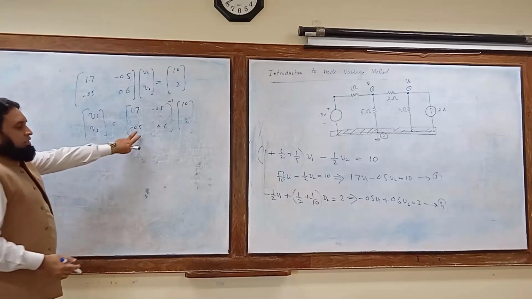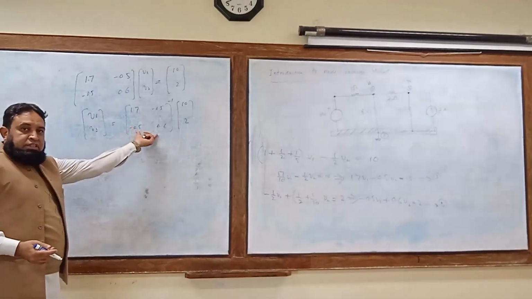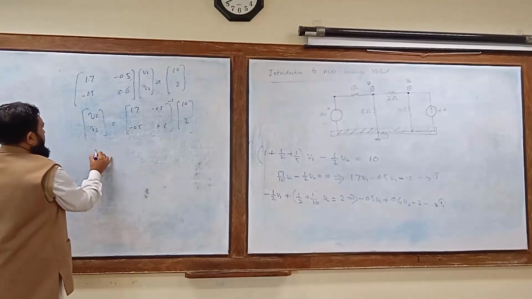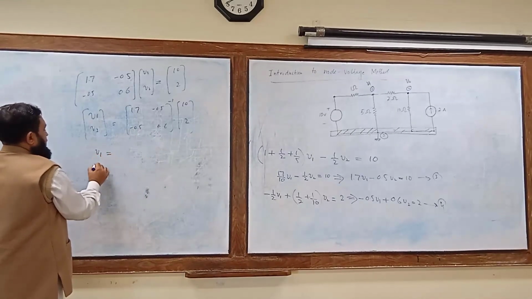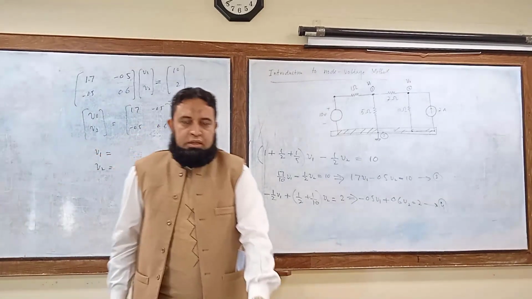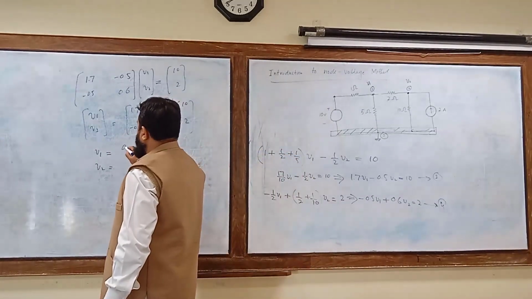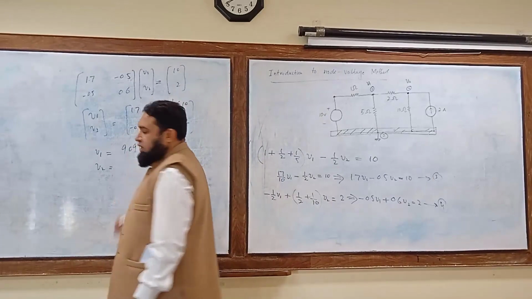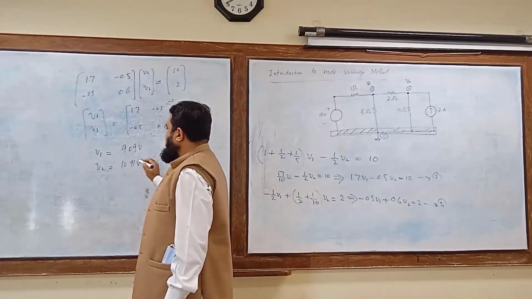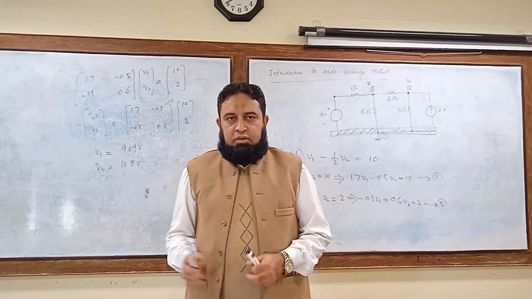Taking the inverse, the inverse is equal to the adjoint of this divided by the determinant of this matrix. So after doing all these calculations, you can easily solve this, and the answer here is 9.09 volt and 10.91. Okay, so this is very simple and very easy.